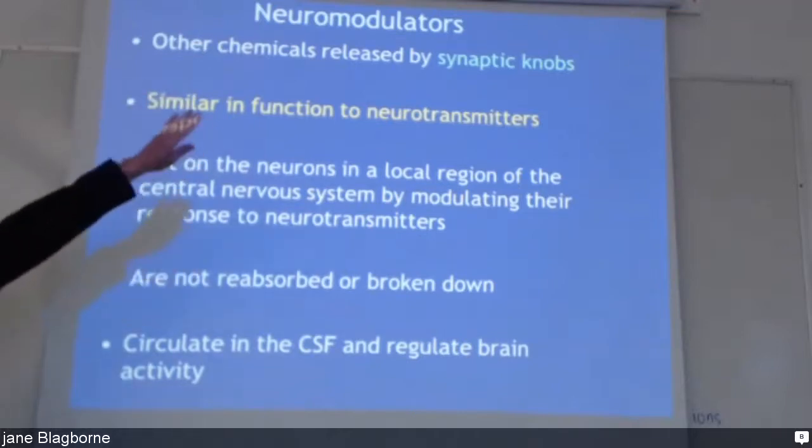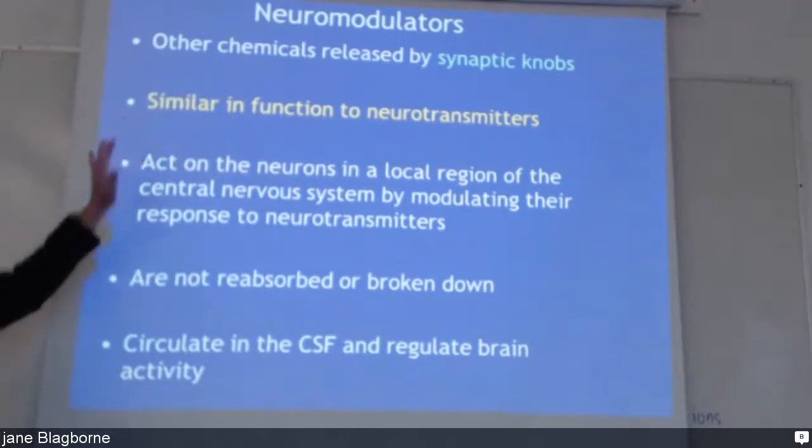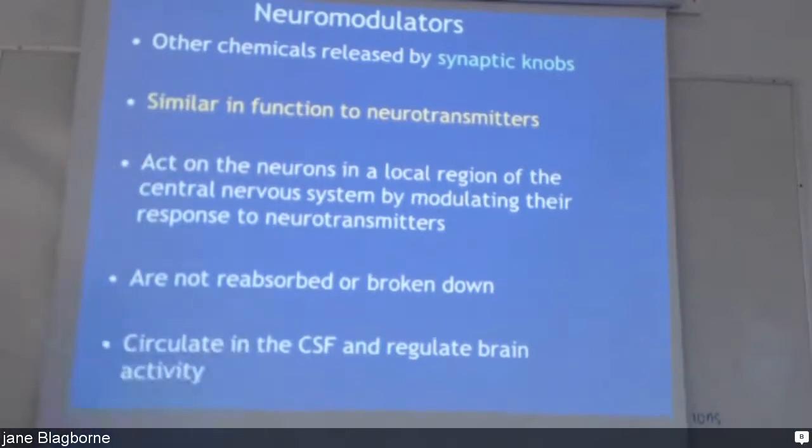So part is similar function and this part is circulating. The CSF are probably the most important part of that treatment.